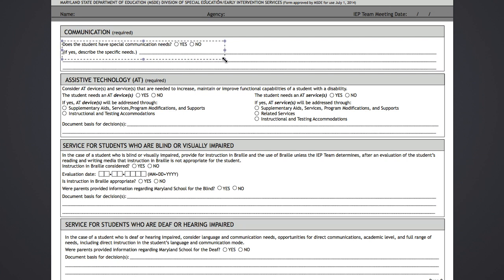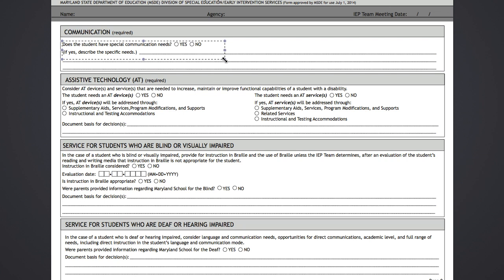You may talk about a student who needs visual supports, or a student who uses sign language, or a student who needs a schedule or some other sort of very specific information related to communicating their wants and their needs. Could be for a student who has a more significant disability, or it could be for a student who just has some very particular and specific special communication needs who's at a higher level.